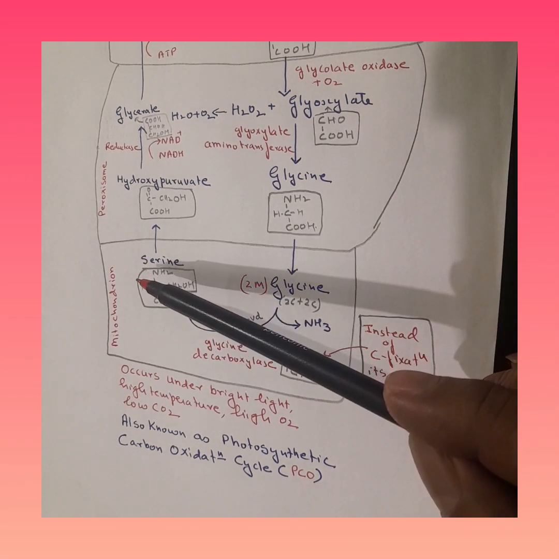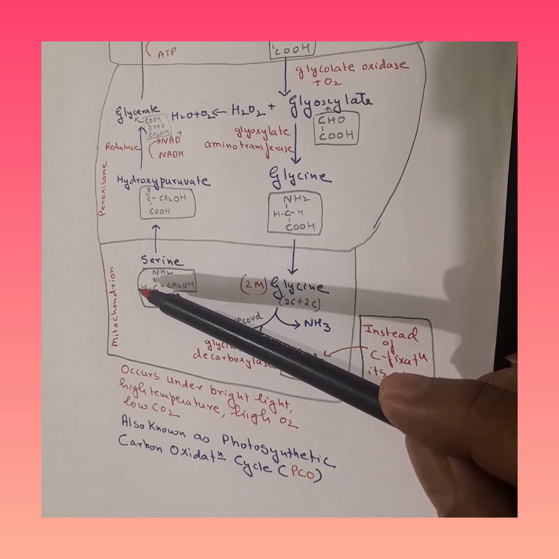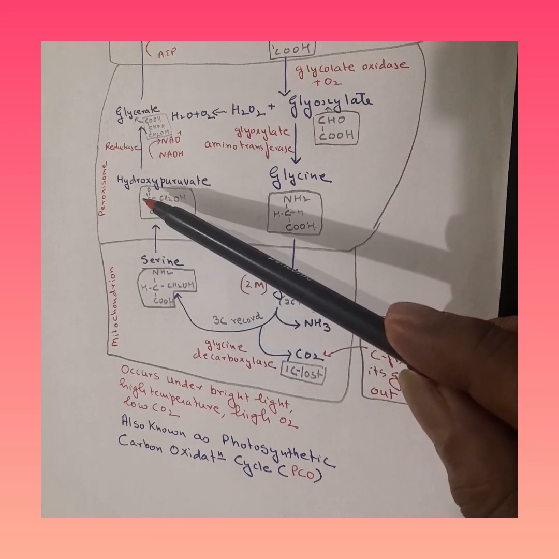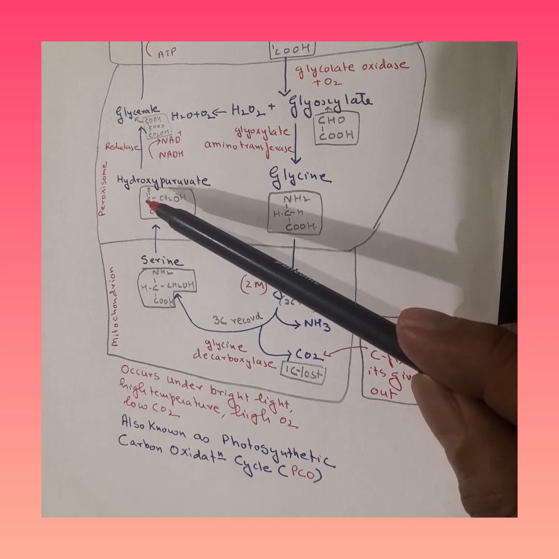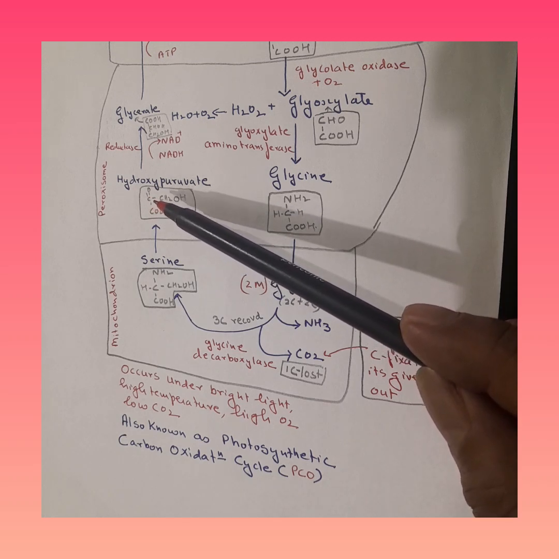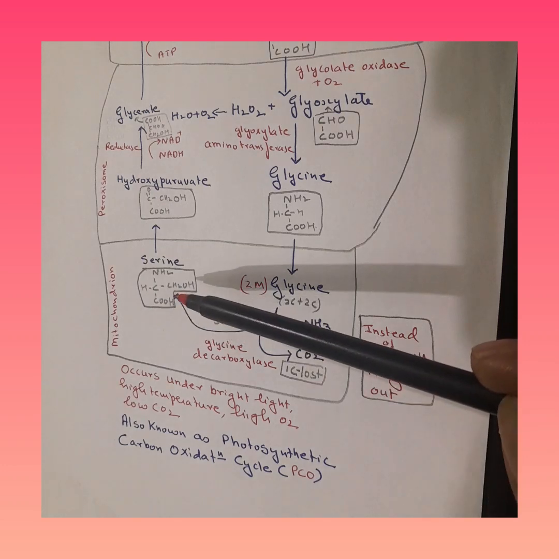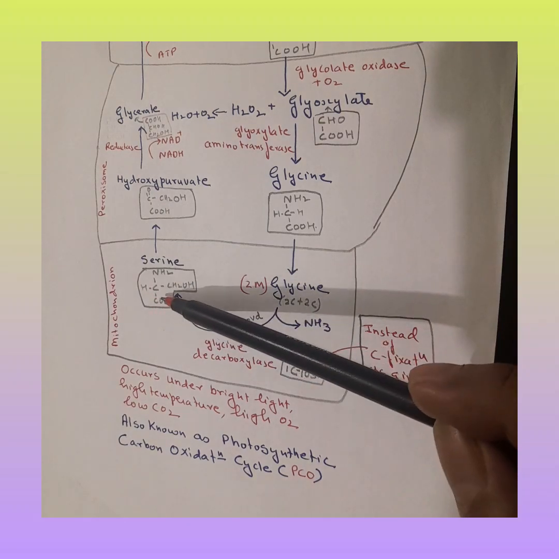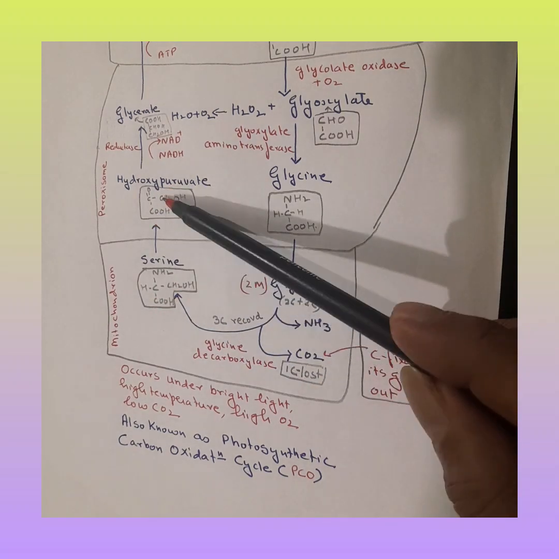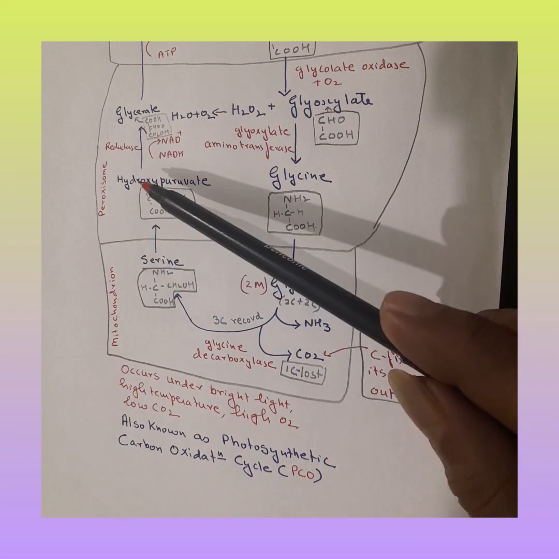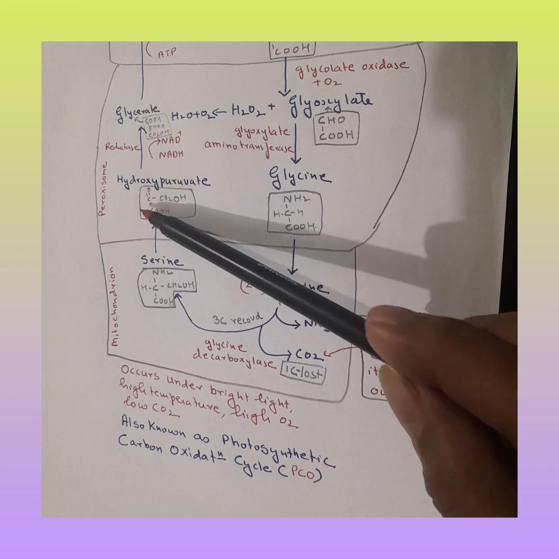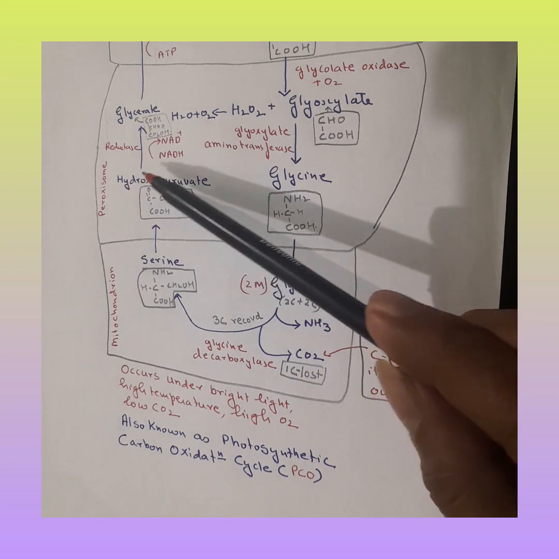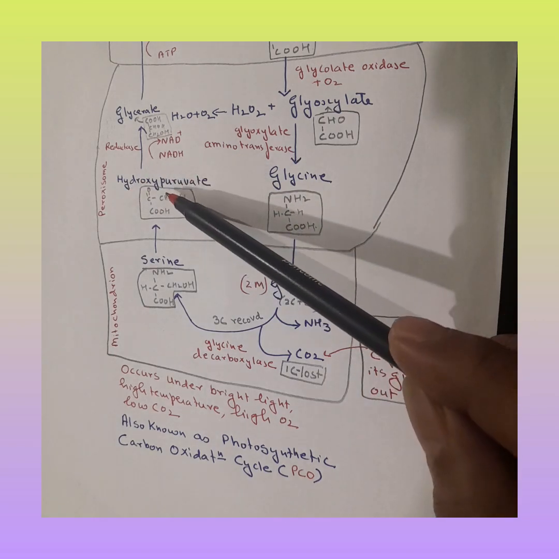Once it forms serine, it quits mitochondria and enters peroxisome. We know peroxisome is meant for oxidation. So COH is intact, CH2OH is also intact, but here it gets oxidized to carbonyl, C double bond O. This molecule we call hydroxypyruvate.